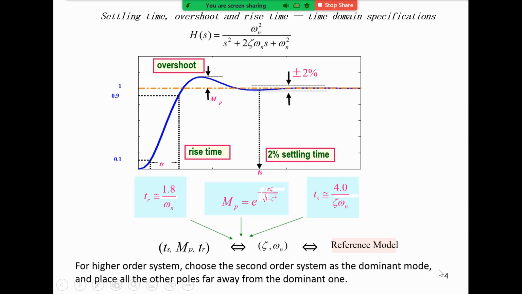But of course, for the dominant one, you do something and then there are a number of factors. It depends upon what kind of method you use to place the poles, right? Even if you place the poles at the same position, a different method will give you a different result.